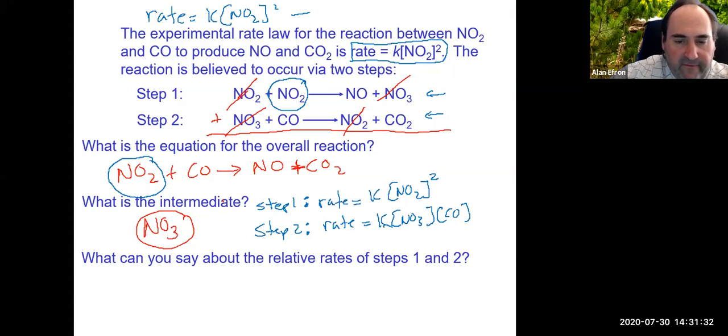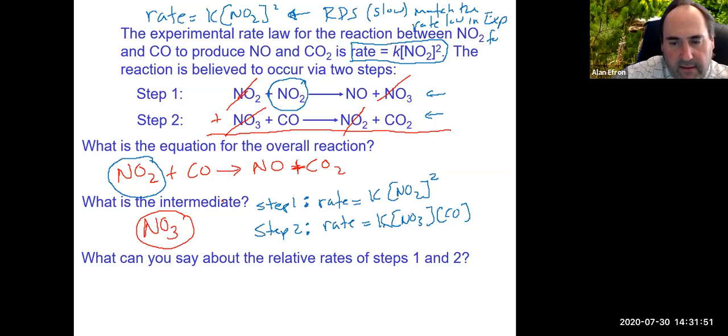So if you remember from the last slide, the second most important thing was that the RDS, the rate determining step, or the slow step, should match the rate law in the experimentally found one. So the experimentally found rate law should match the rate law for the slow step or the RDS.